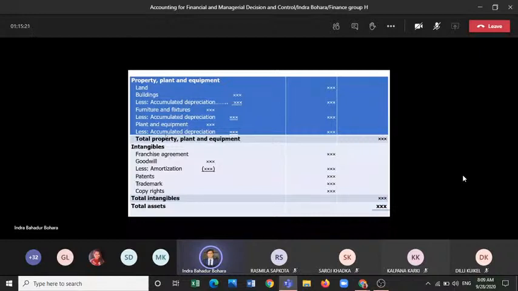And goodwill will be amortized over a fixed period of time as per the decision of the management, according to the usefulness of the goodwill. And this is not the goodwill of one's own company. How is one's own company's goodwill measured? When you acquire the business of another company, at that time you certainly pay some amount of goodwill to that company.